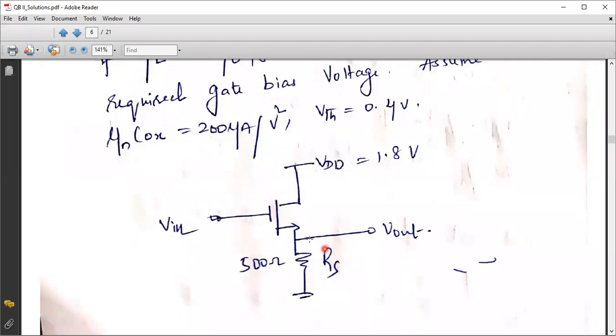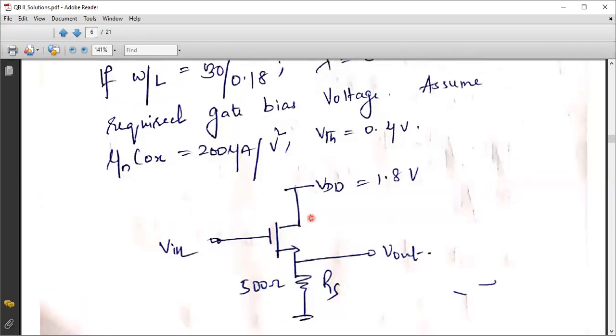So output will follow the source. That is why this is called as source follower. So we are taking the output across a source resistance whose value is 500 ohms, which is given in the circuit diagram. And by making use of appropriate equations, we need to solve the gate voltage.